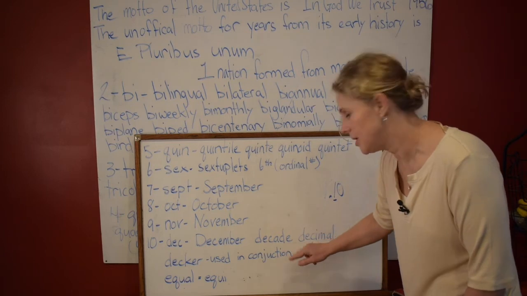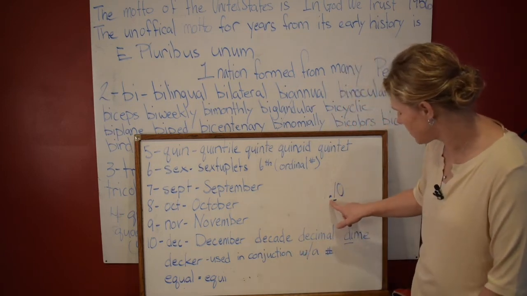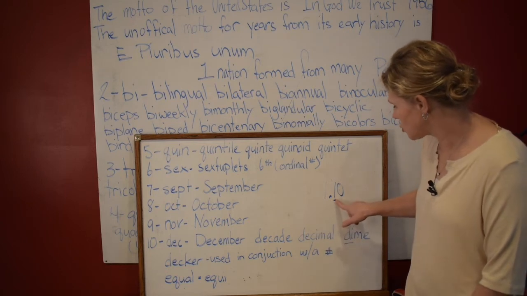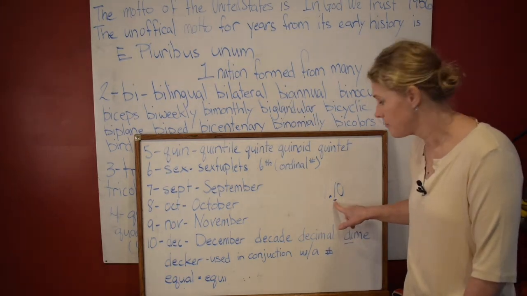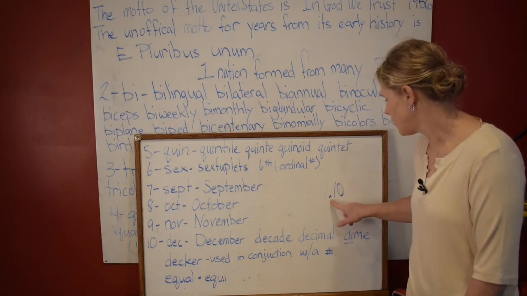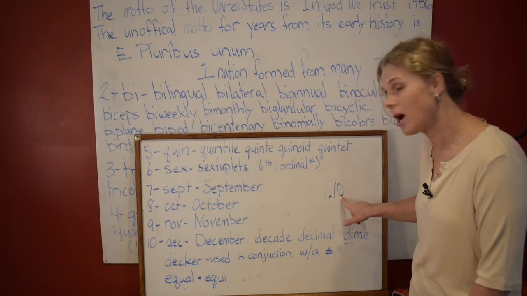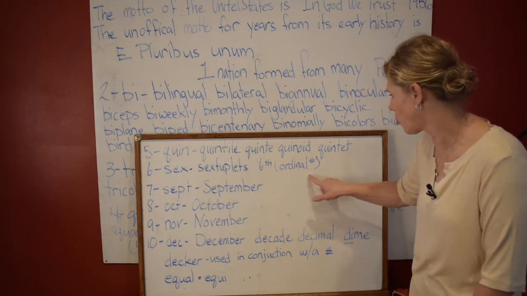Decade means 10 years. Decimal, so this is a decimal, and it starts the 10th, if you hear that, for the 10th place right here. This is the 100th place, would be the ordinal numbers.